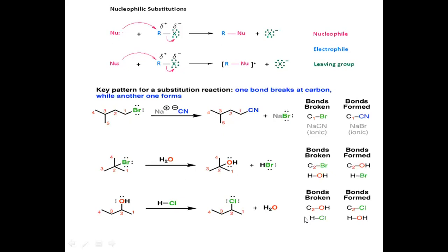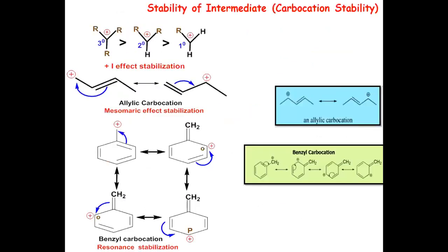So with these examples, we have understood that there are two types of bond. One is the carbon to leaving group bond, which is generally broken, and a new bond is formed between carbon and the nucleophile. In doing so, we replace the leaving group by the nucleophile. Therefore, we call these reactions nucleophilic substitution reactions.